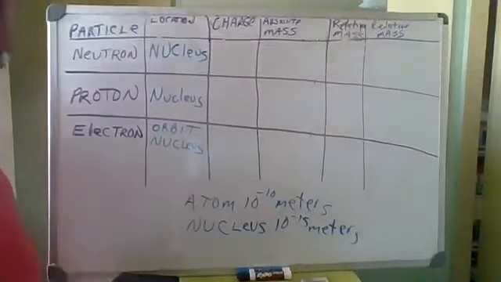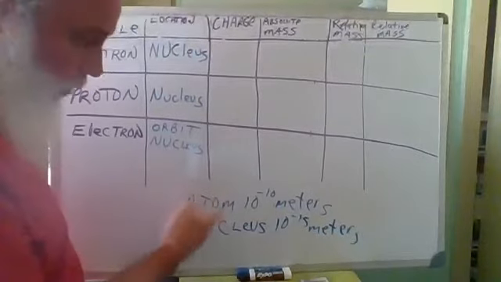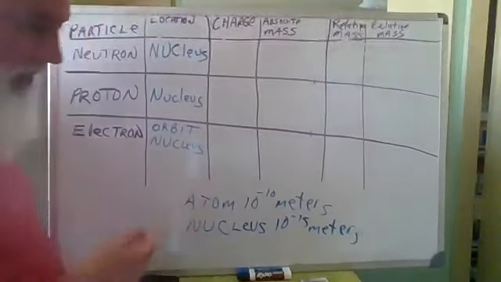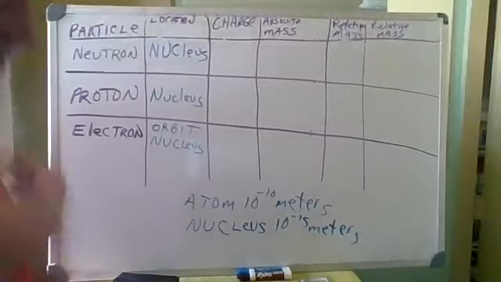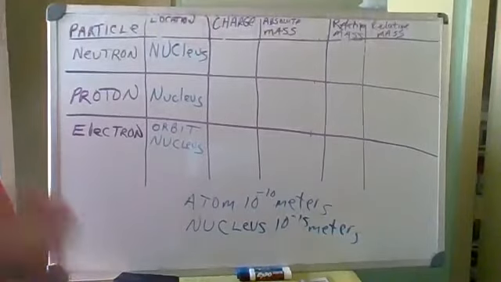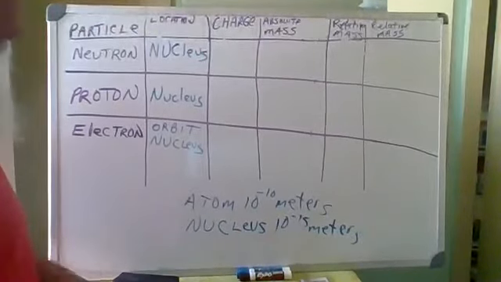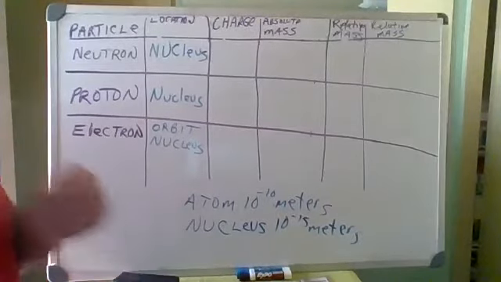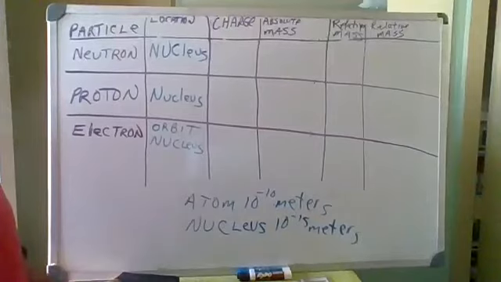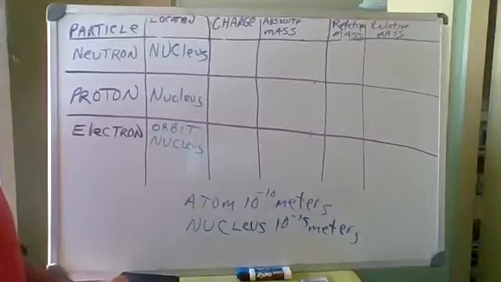When we do that, we see that an atom is 15 powers of 10 larger than a nucleus. 15 powers of 10 is 1,000 trillion. 1,000 trillion nuclei can fit in one atom, right?